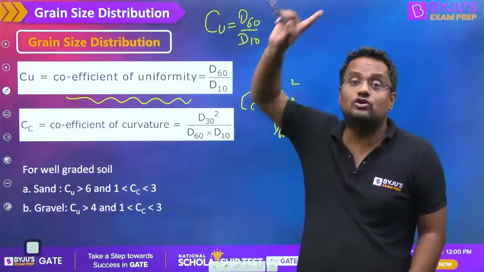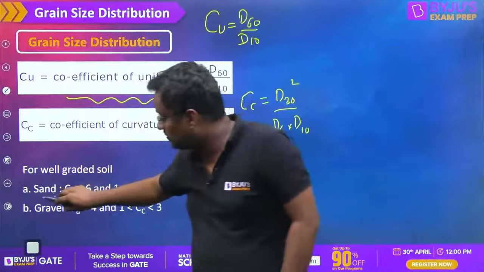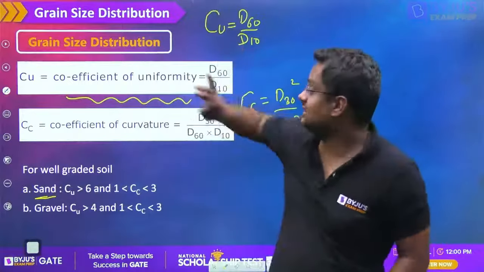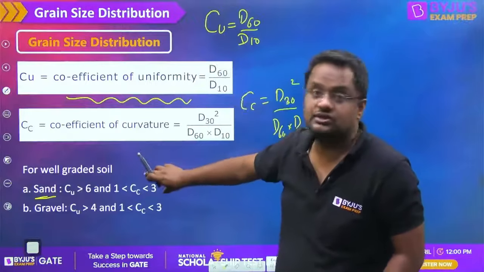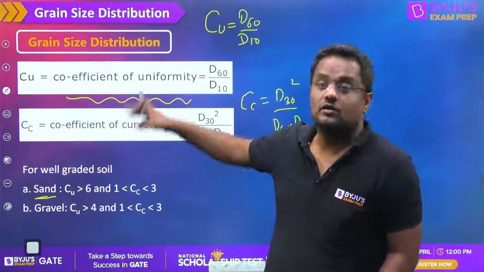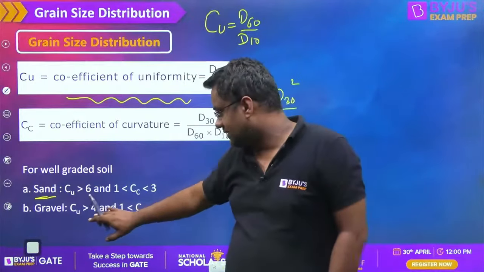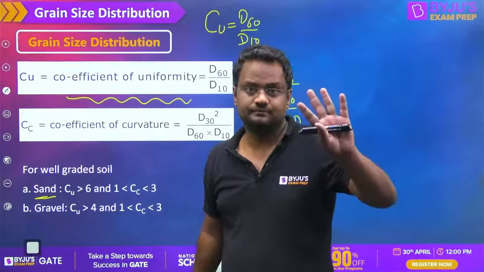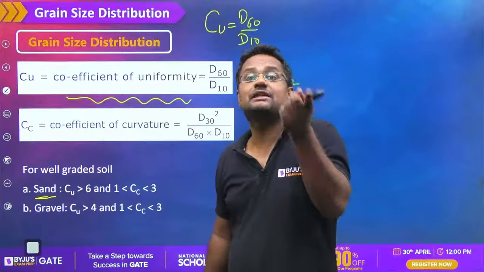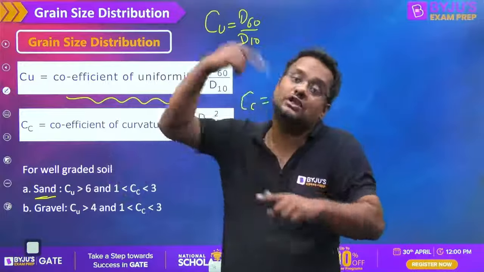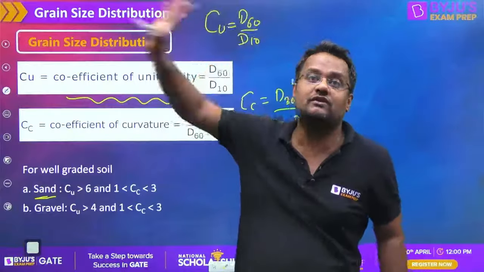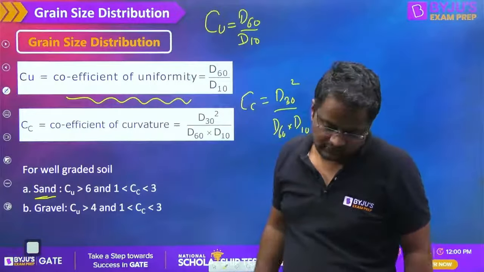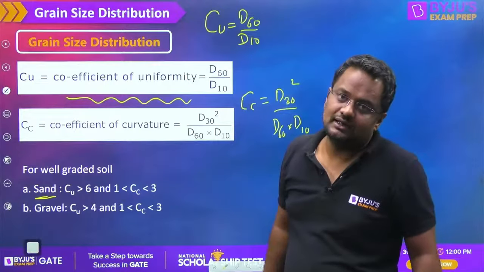For a sand to be well graded, Cu should be greater than 6, and also Cc should be between 1 and 3. For gravel to be well graded, Cu should be greater than 4. Both criteria should be fulfilled, and if even one criterion is not fulfilled, it will not be well graded. In that case, it can be poor or gap, but it will not be well.